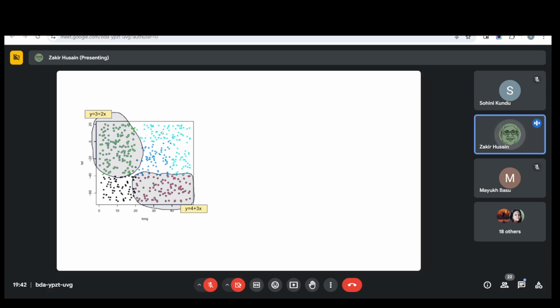So for instance, over here, we have different points, and the spatial regime model assumes that this green one has a particular set of coefficients. Alpha is 3 and beta is 2. In the pink one, the coefficient values change to 4 and 3 respectively.